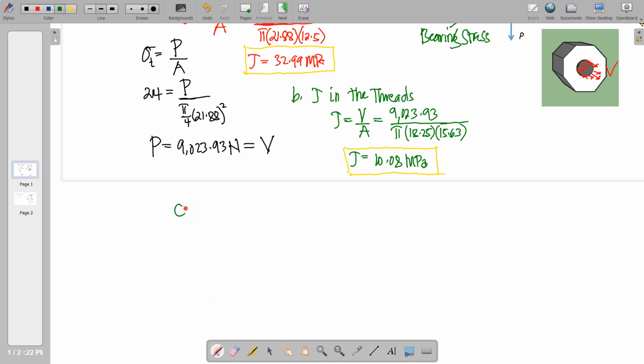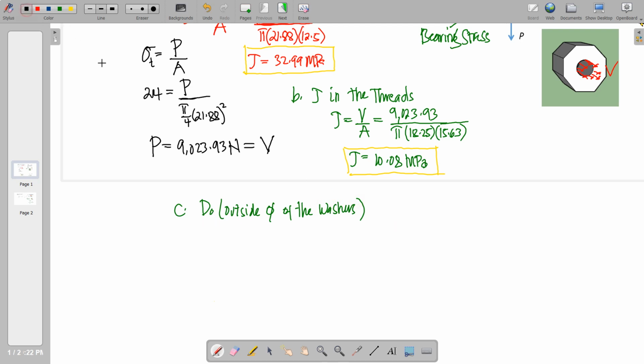Say letter C, the outside diameter of the washers, so I'll just denote it to be DO.